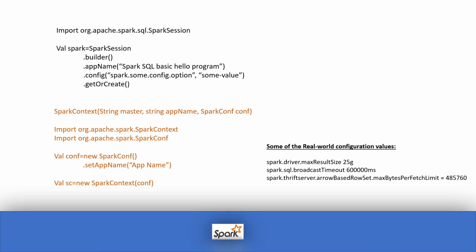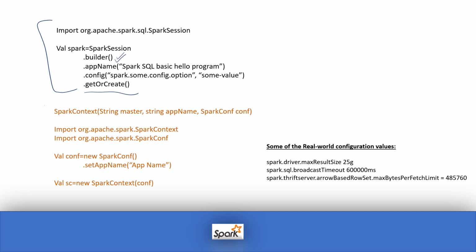Technically, how do you create it? This is the code. You have to import SparkSession, and then you have to use the builder. This is the pattern in Java, and then you can pass your configuration, and then you can create whatever kind of context you want to create.